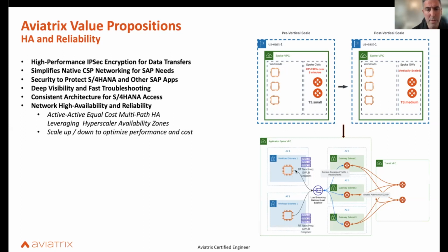The route table's next hop would point to the gateway load balancer endpoint, and then load balance across gateways across 3 AZs, and you could scale horizontally. As the number of AZs, say in US East, you could scale up to 7 AZs, or depending on your performance, you can scale out or scale up.